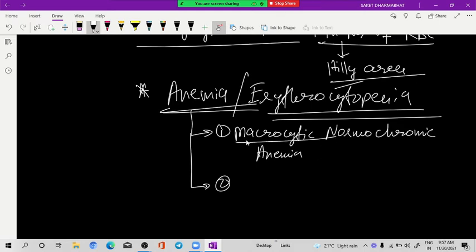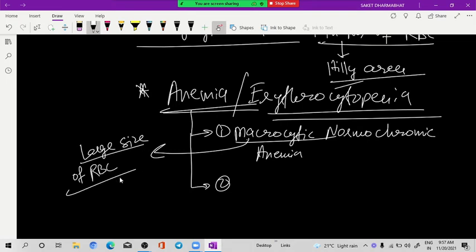Macrocyte means what? Large size of RBC. The size of RBC becomes large. Normochromic means hemoglobin level remains unchanged, that is, normal hemoglobin level. Now, macrocytic normochromic anemia is also called pernicious anemia.